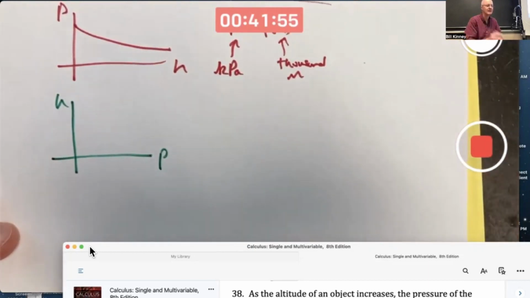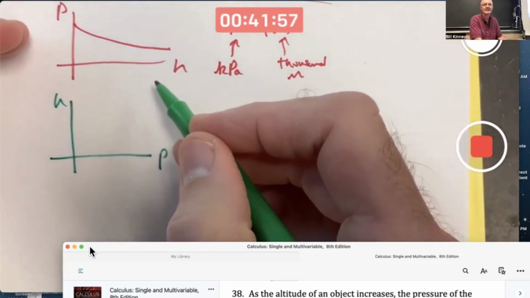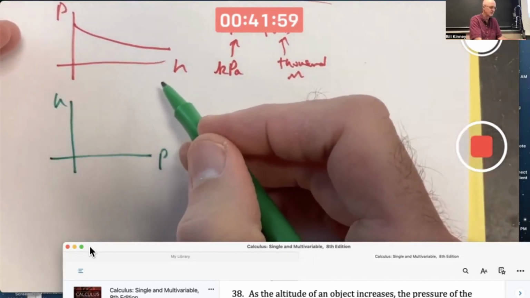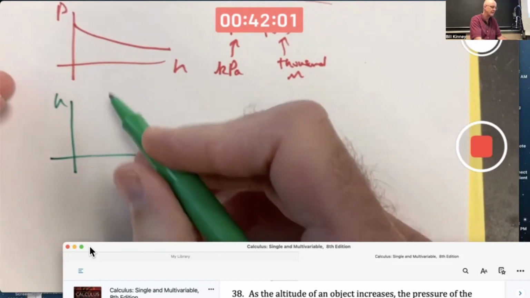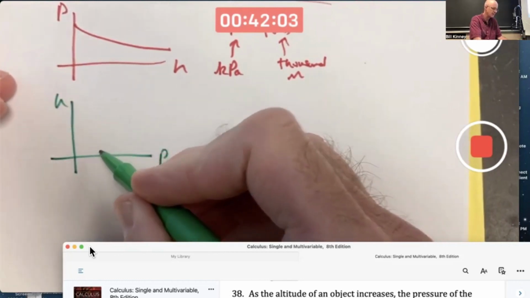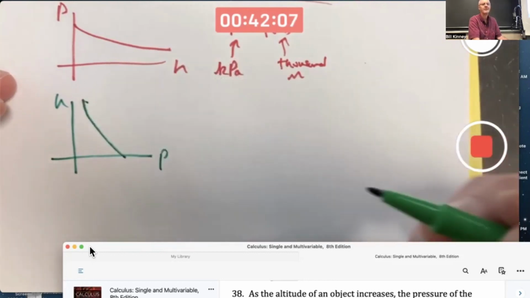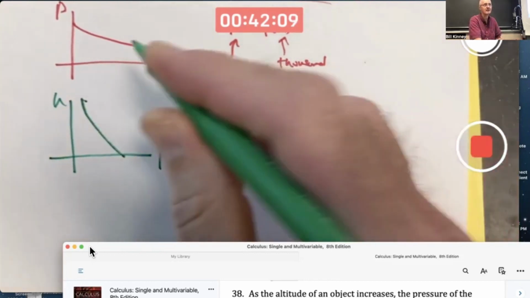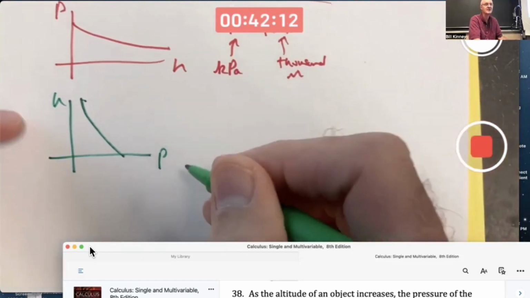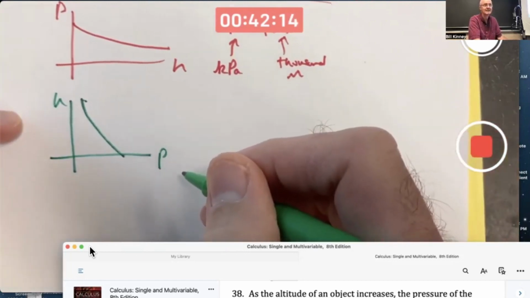Well, kind of, but because the scales on the axes are going to be different in general, it's really mostly the shape of the reflection we're after, and the shape would look something like this. That'd be the shape of an approximate reflection across this, but I did change the labeling of the axes.